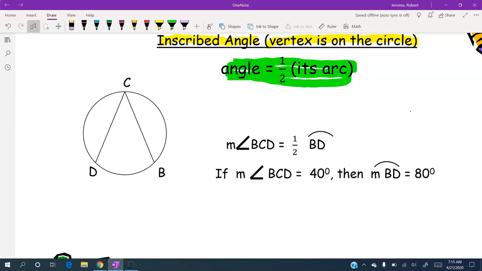If our angle is equal to half its intercepted arc, and we were told that the angle measures 40 degrees, then its arc is 80 degrees. And vice versa, we just plug in the one we know, the arc or the angle. If we don't have the correct angle and arc pair, then that just means there's more than one step.